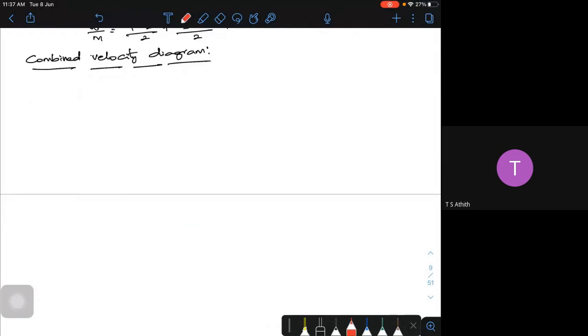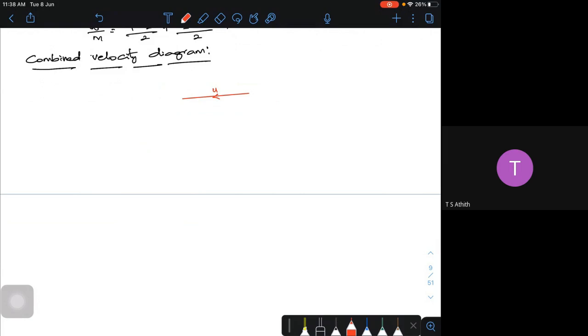If I look at it, this is the U direction. If I call this U, I will be having a common U. So I can draw the velocity triangle with this common base.